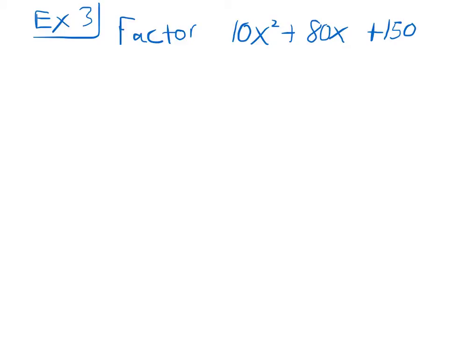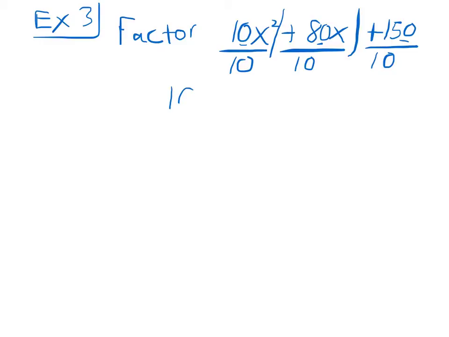So if we look at this one, all of these numbers end in 0, right? So I know that a factor of all of these is going to be 10. So right now, before I do anything else, I can factor out that 10. Okay, what's left? Well, you have to keep that 10 on the outside.